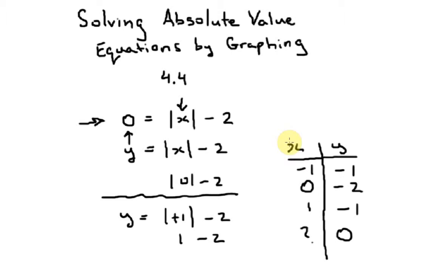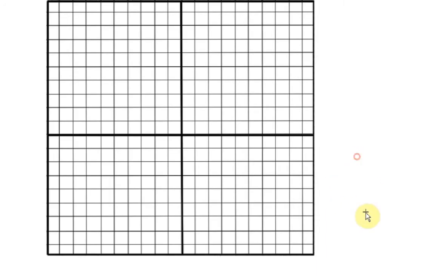Okay, so let me just clear off the page, and I'm assuming you've got your absolute value stuff, your tables, written down. I'm going to clear the page, put the grid up, and I'm going to get the graph. So there's our grid, and let's plot those points. So we had the vertex at 0, negative 2.